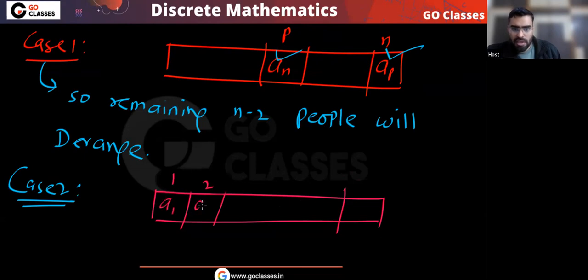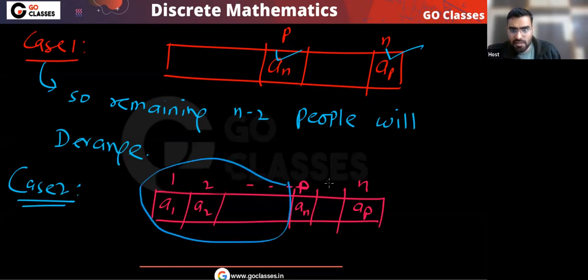Here you have A1, here you have A2, and here in N's house, you have AP. So now derange them. But one position is gone. Just forget about one position, don't consider this position, because here AN is sitting. So what I am saying is, derange these things.